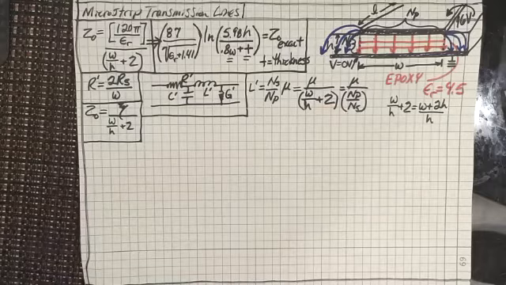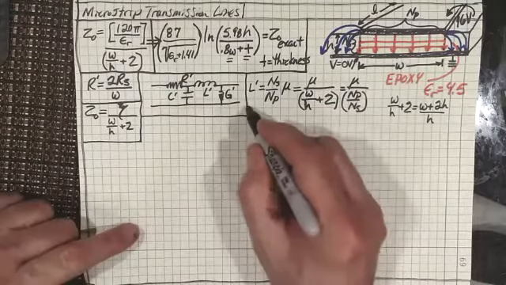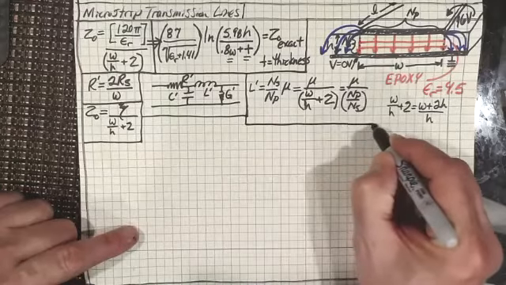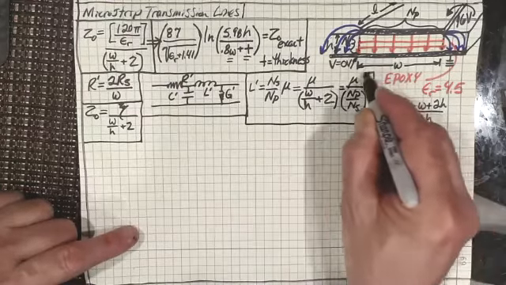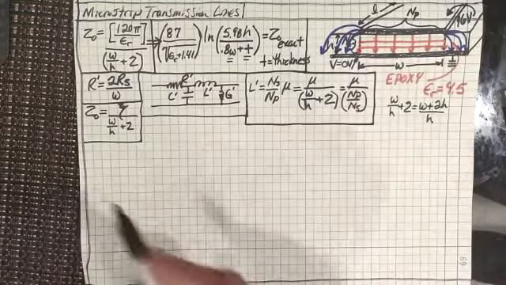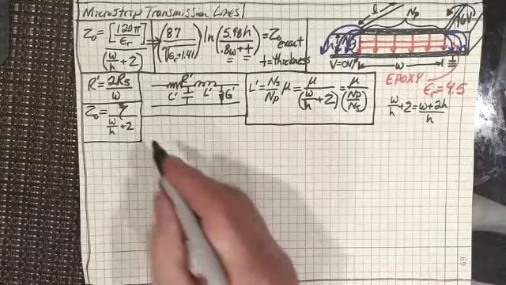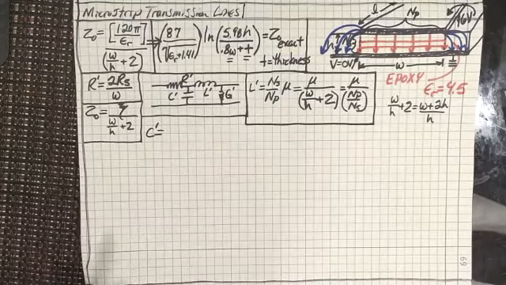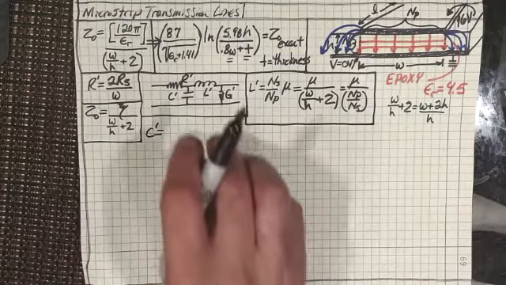Now I'm going to do the same thing when I look at capacitance per unit length. So when we look at capacitance per unit length, you can see that that's in parallel.